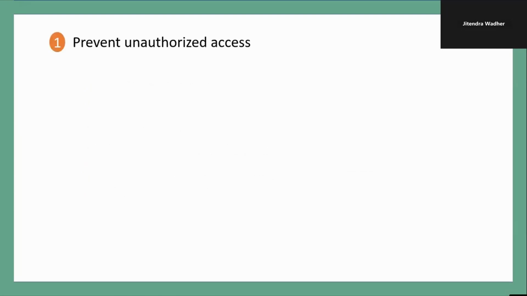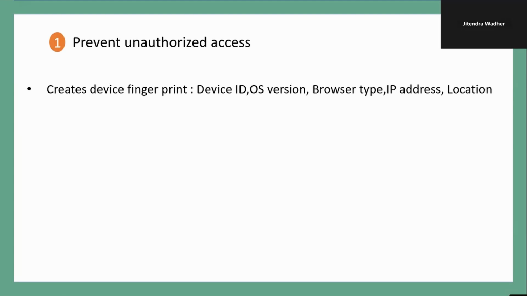So how does it prevent unauthorized access? One very important thing endpoint security does is it creates a unique fingerprint for a device which is used for accessing the bank network.